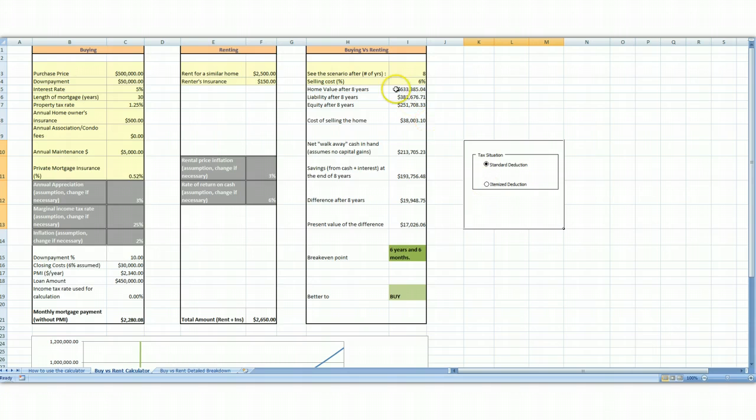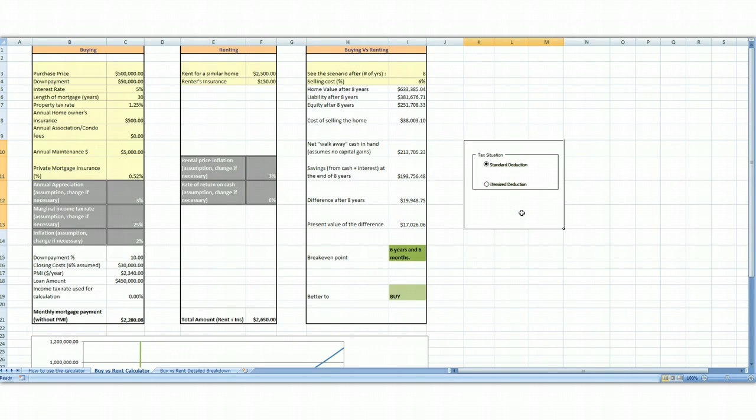And the second worksheet has the actual calculator. The actual calculator itself has 5 parts. The first one is where you enter your numbers for the buying scenario. The second part is the renting scenario. And the third is a head-to-head comparison on the numbers of buying versus renting.